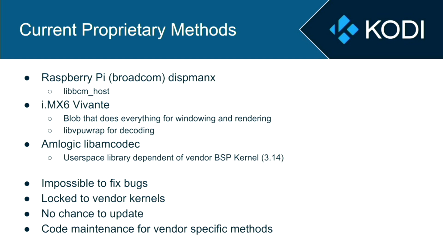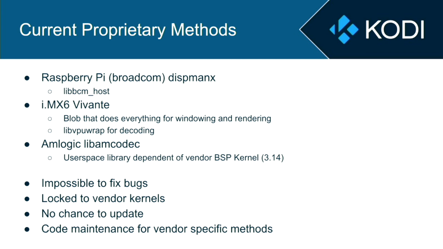These are just some examples, there's a lot more, but one that we deal with a lot is Amlogic, and their video decoding library is locked to kernel 3.14, which is quite old by today's standards, so it is very difficult to use. It becomes a problem with code maintenance, and it's very vendor specific and hard to deal with. If someone who knows it leaves, you might be hooped, because now no one knows how to maintain it or how it's even used.